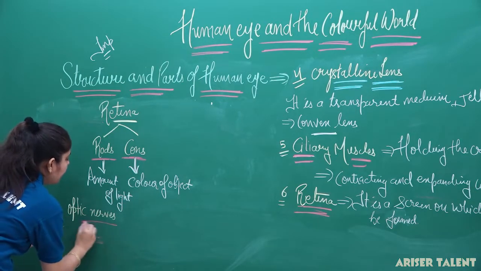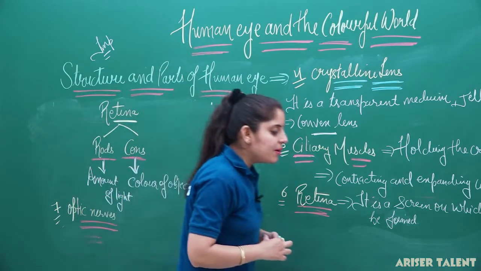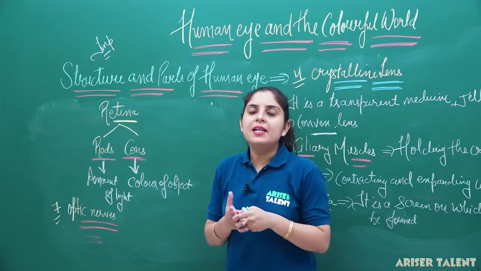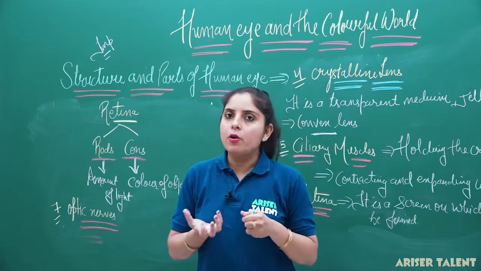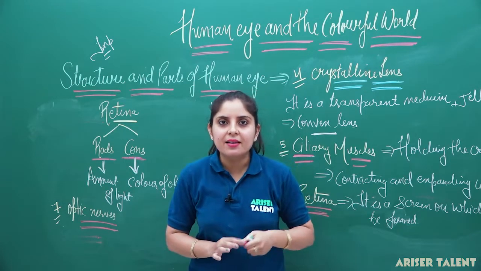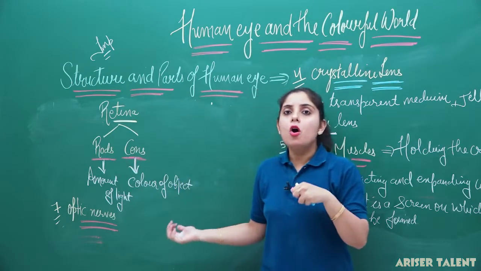Now what are the optic nerves doing? Whenever an image is formed on the retina, the light sensitive cells are illuminated on falling of light on them. So this produces electrical signals, and these electrical signals are sent to the brain via optic nerves.